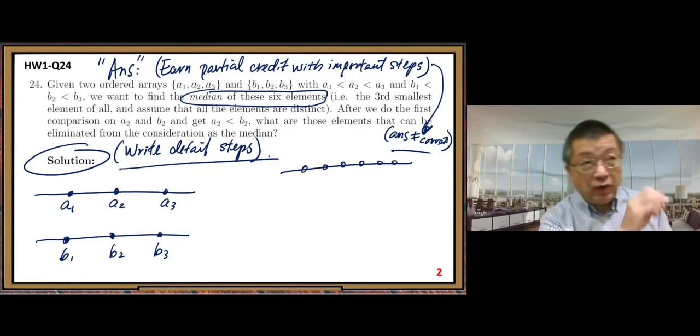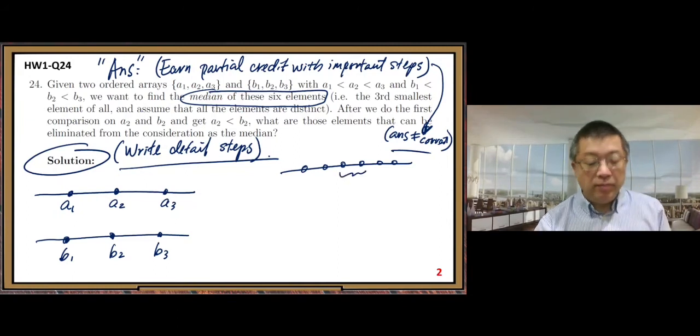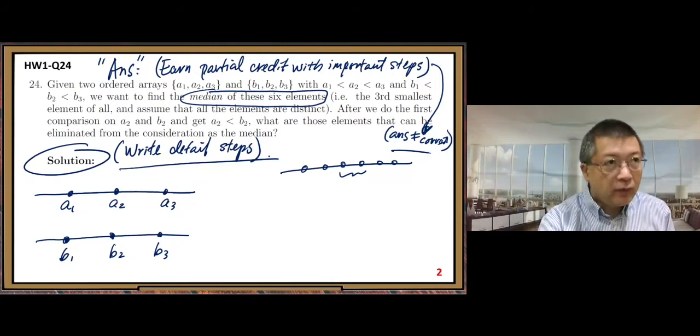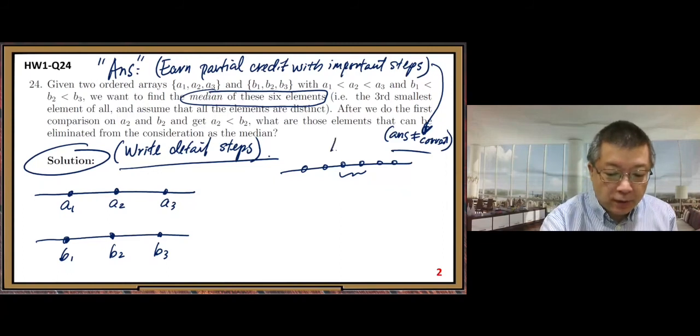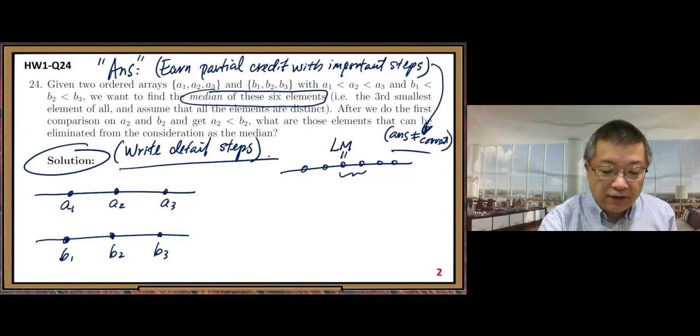If we order them, some students ask me, because there are 2 elements in the middle, which one do you treat as the median? When that happens, there are an even number of elements, we use left median, okay? Not right median. By default, the median means the left median.